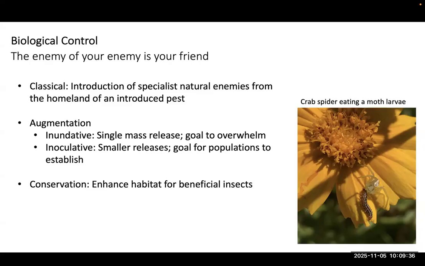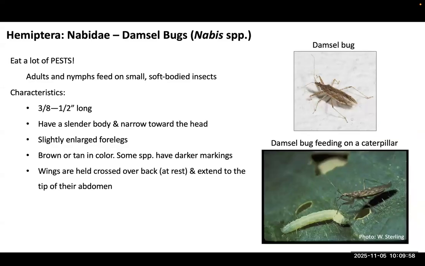They're going to go somewhere else where they have food. Where inoculative, the idea of this is to have smaller releases and the goal to establish a particular natural enemy, maybe something like minute pirate bugs. And then conservation is what I really like, and that is boosting your habitat or your area to actually enhance the habitat to sustain your beneficial insects.